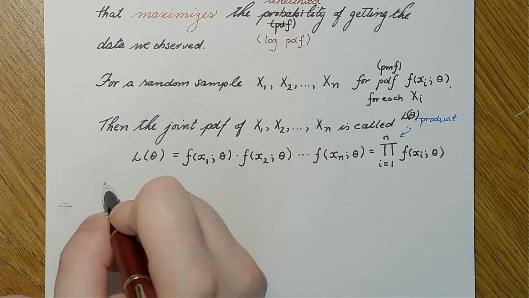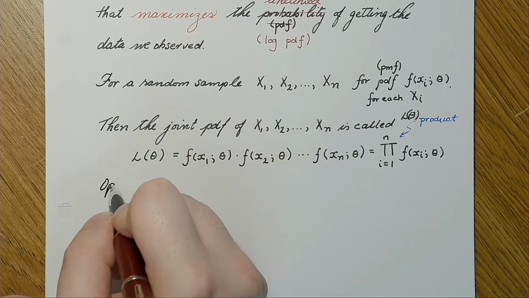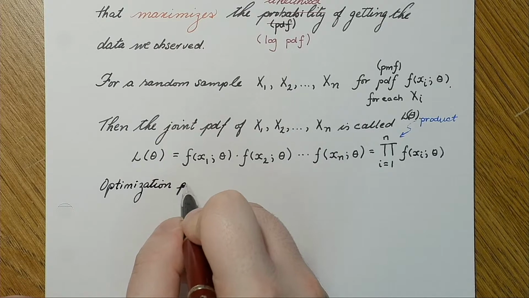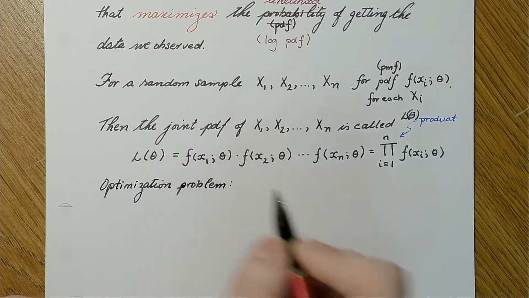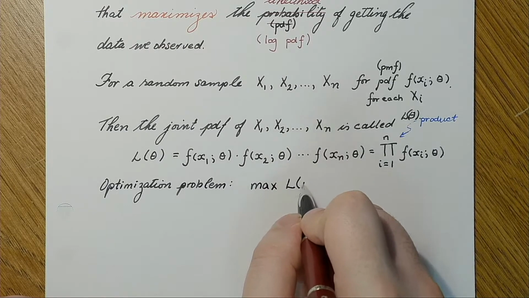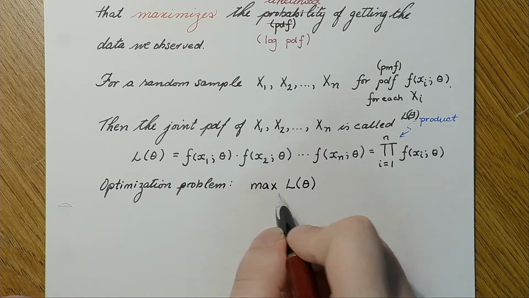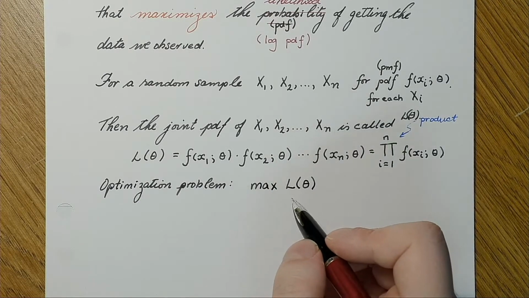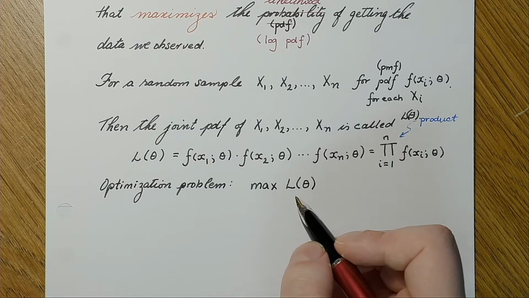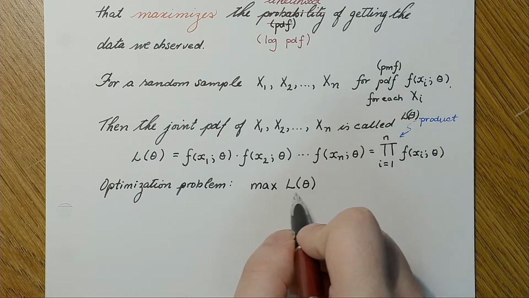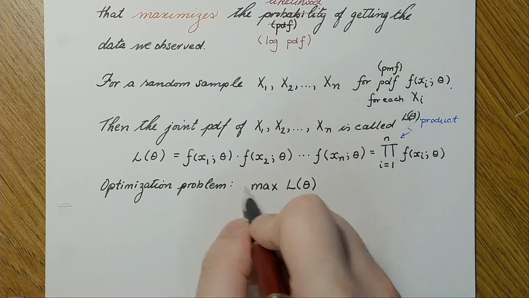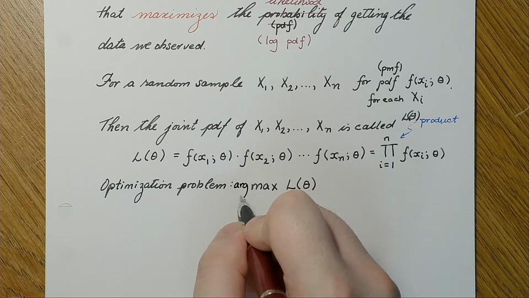So then the optimization problem is to maximize L of theta. We're not trying to maximize this function here. What we're really after is the theta.